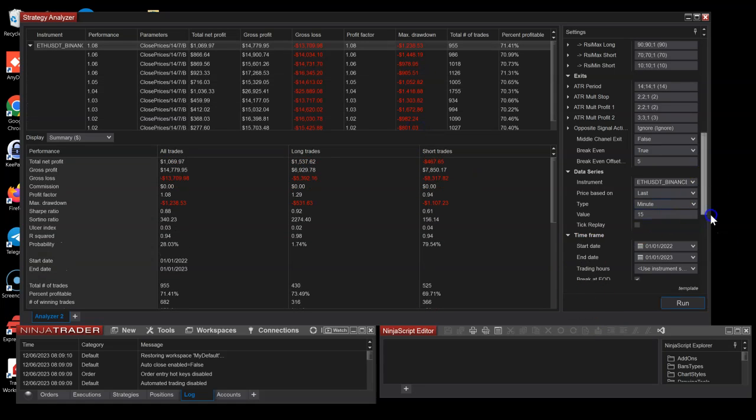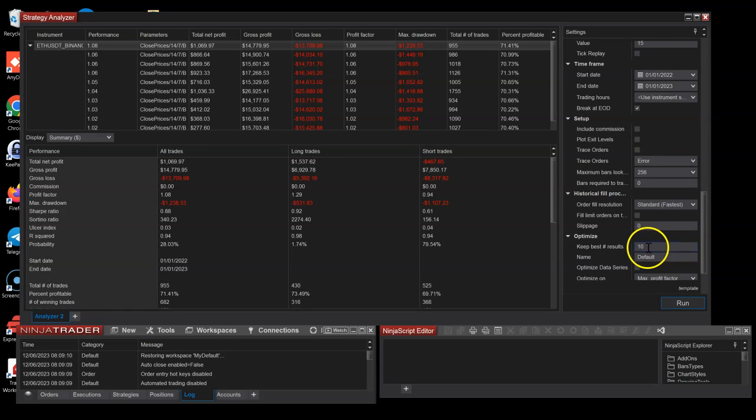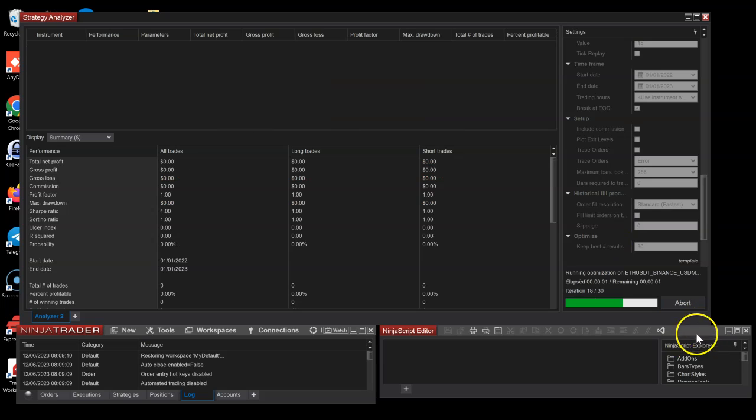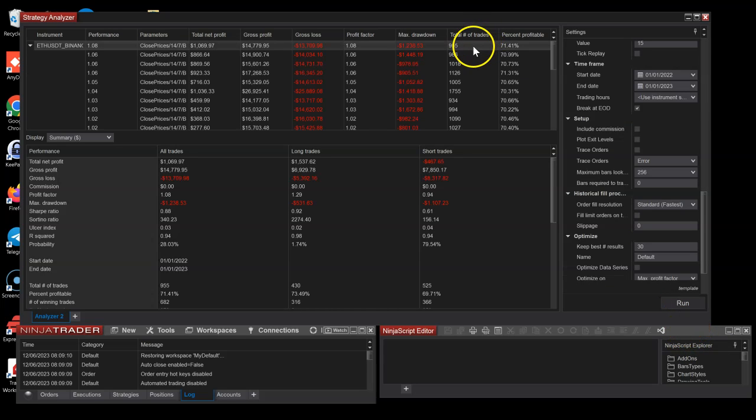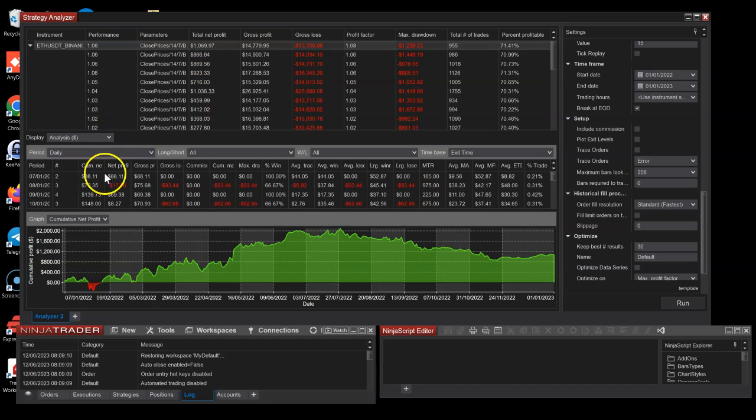I'd probably want to keep all 30. Let's see if my memory can handle that. Oh, it can. Let's see how they differ. All right, that's not too bad out of the box.